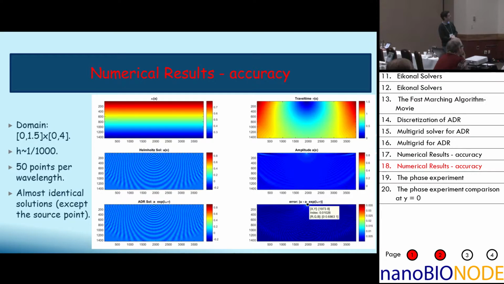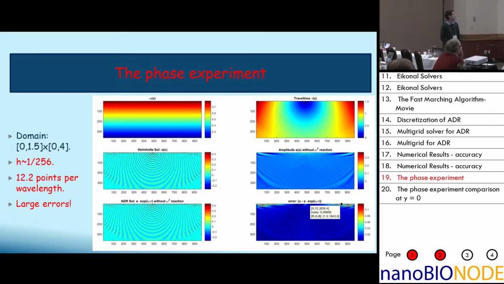Still, this is quite an easy problem to solve. You can see that the amplitude is smooth, so those of you who looked for smooth solutions to Helmholtz, it is pretty smooth. Now we go to a coarser mesh, so H is 1 divided by 256. So we've got 12 points per wavelength, so this is kind of like the edge where the discretization still holds in terms of accuracy.